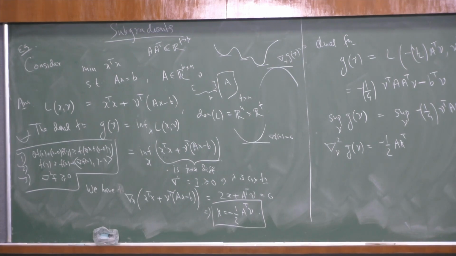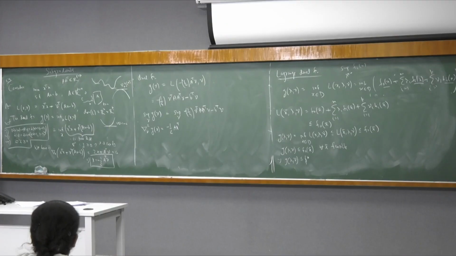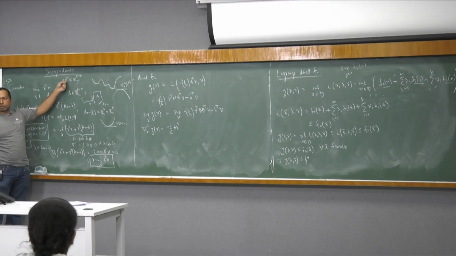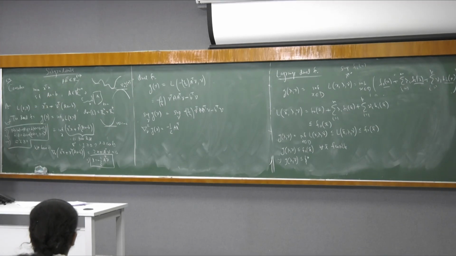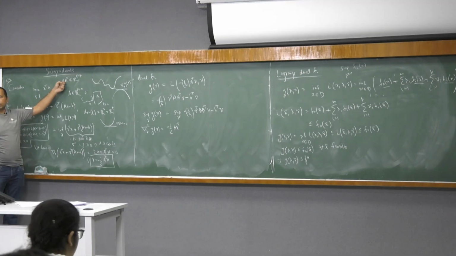So what can you say about A transpose A? Is it positive definite, negative definite? For any matrix A, I'm asking, what can you say about A transpose A? Is it necessarily positive definite, negative definite? Yeah, it is symmetric for sure, but what about positive definite, negative definite?